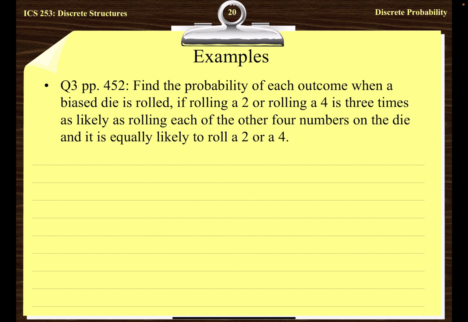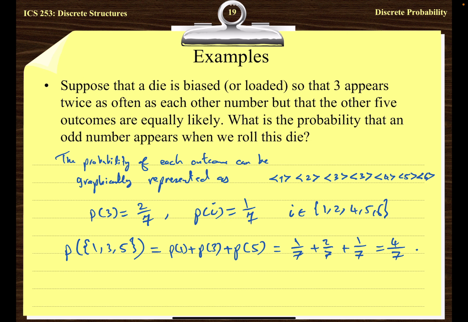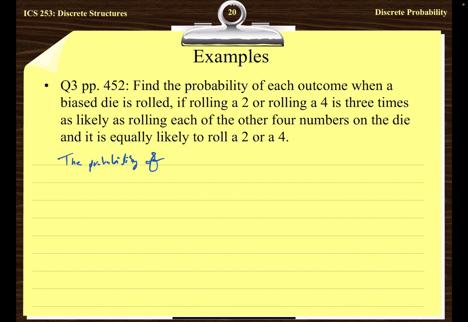So now, what did we say in the previous one? The probability of each outcome can be graphically represented as follows.